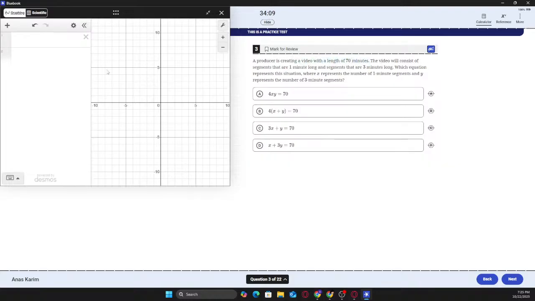A producer is creating a video with a length of 70 minutes. The video will consist of segments that are 1 minute long and segments that are 3 minutes long. Which equation represents this situation? We're given a total of 70 minutes. X represents the 1 minute long segments, and Y represents the 3 minute long segments.